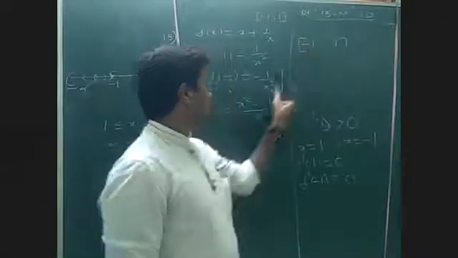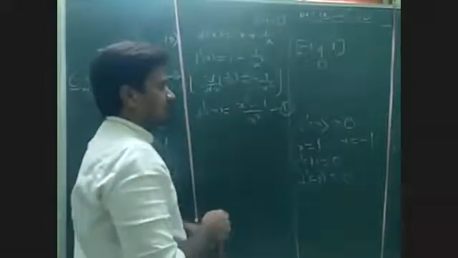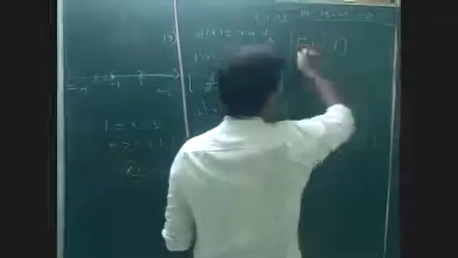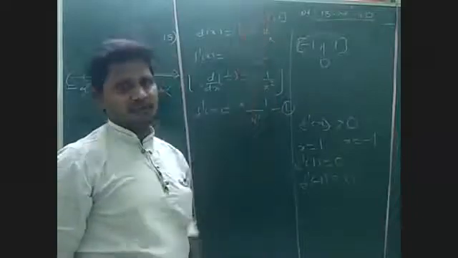Substituting -1 here, we get 0. Even in between, 0 will be there, where f dash of x cannot be defined. So in this interval, the function cannot be strictly increasing.